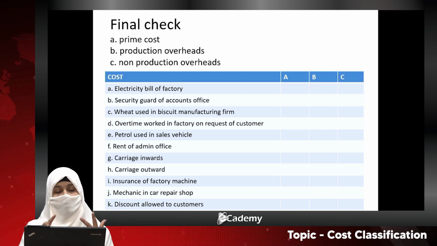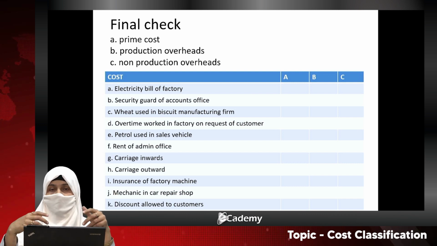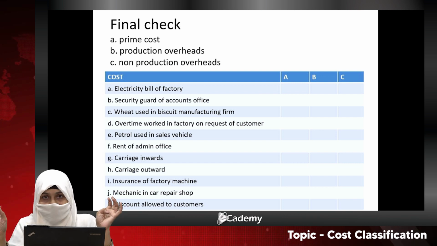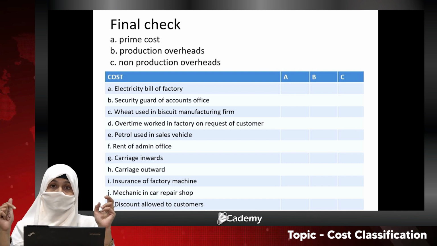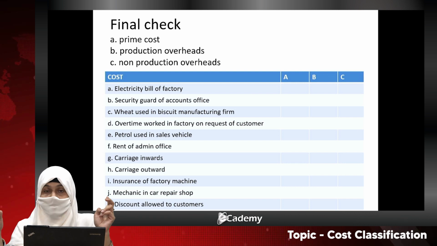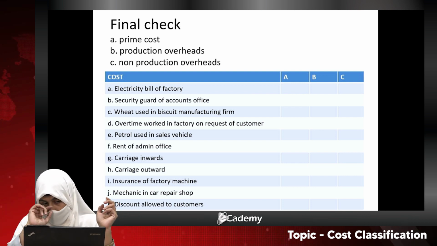If it falls under any of these three categories, it would be labeled as prime cost. And if it's not direct material, not direct labor, and not direct expense, then it must be an overhead. Now, if you claim that this expense is an overhead, you have to specify whether that overhead is factory overhead or outside the factory. I mean to say, whether it's a production overhead or a non-production overhead.